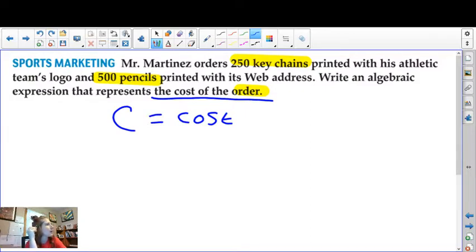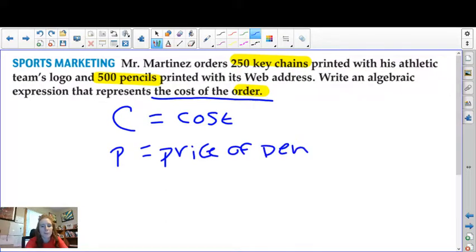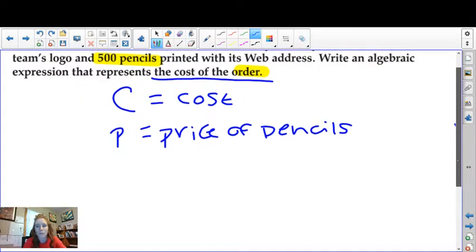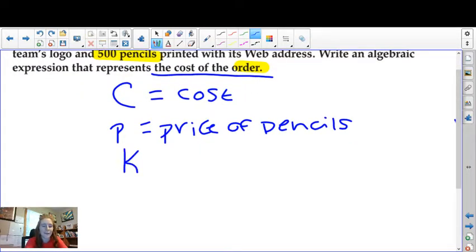Man, if only I had a way to represent that. Oh wait, I do. I could let the letter P be equal to the price of my pencils, because pencils start with the letter P. But I also have to get keychains too. Maybe I could do K for keychains. What a world, right?